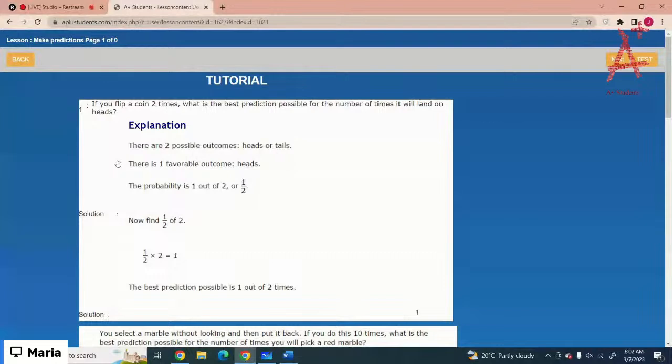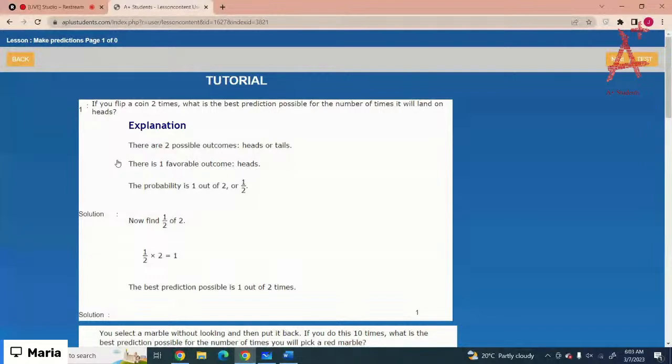So the probability for head is 1 out of 2. Got it? Because the total outcomes are 2, and out of 2 you have just one possibility to get head.